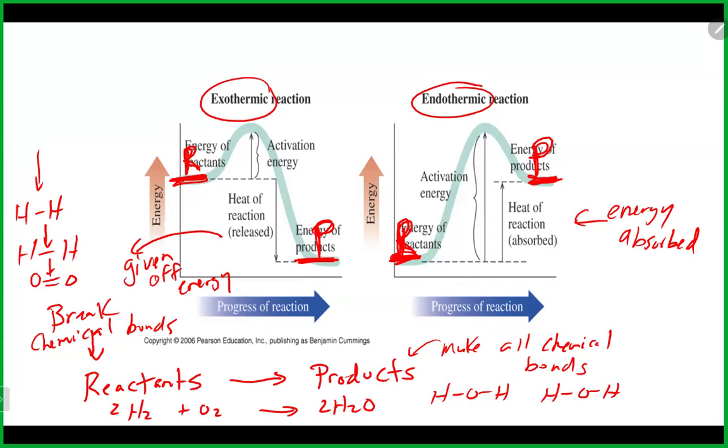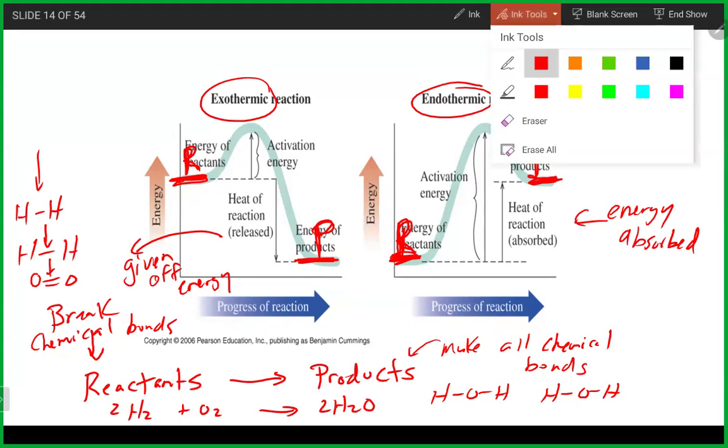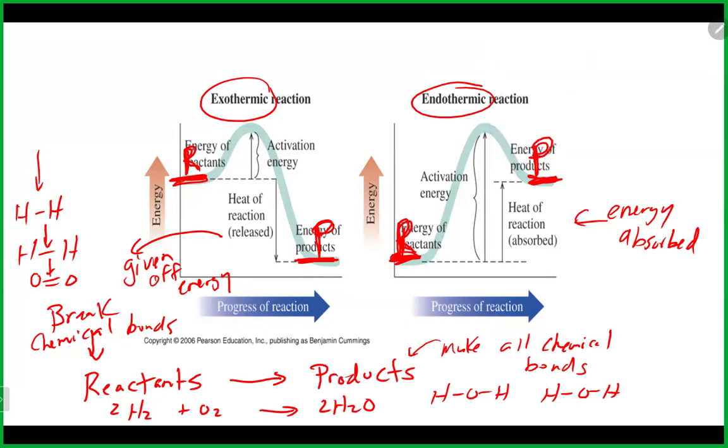And that is, when we look at this diagram here, the hill that we see there. As the reactants head over, there's this big hill that they have to climb to get to the other side. And this hill for our exothermic reaction is right there.